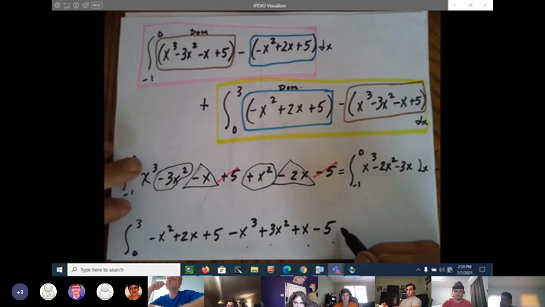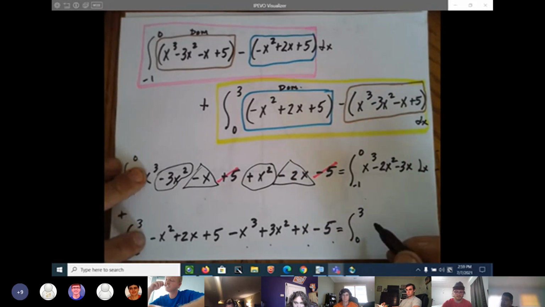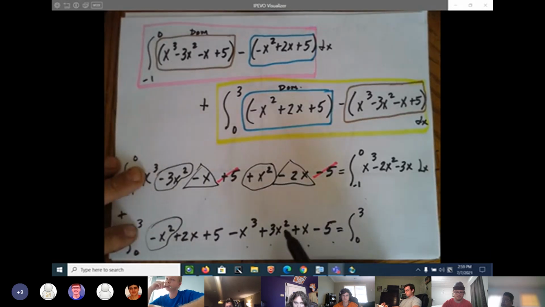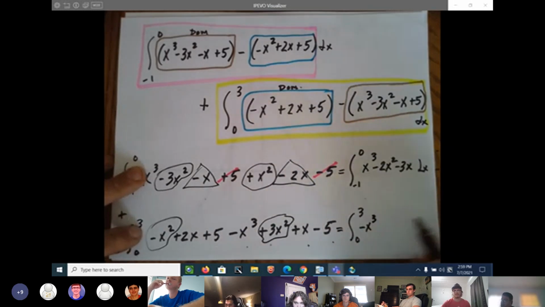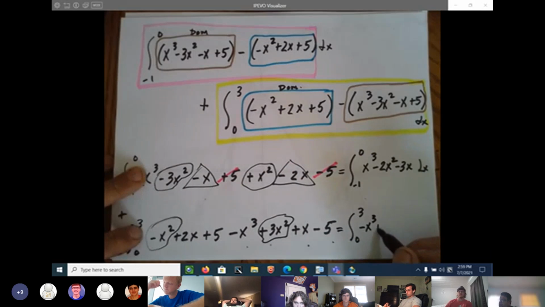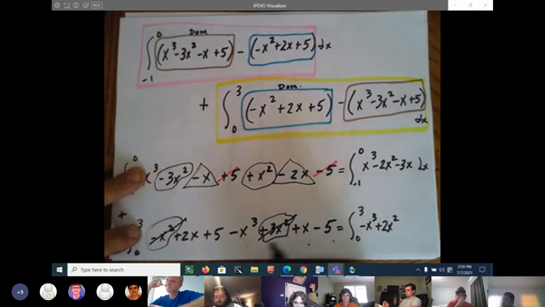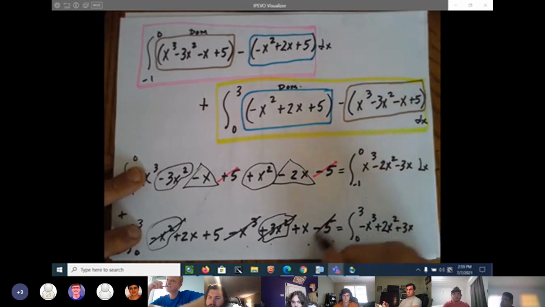And then this one, from 0 to 3, let's see, -x squared and 3x squared. So -x cubed, and 3x squared minus x squared is 2x squared. Two x plus x is 3x, and the 5's cancel.